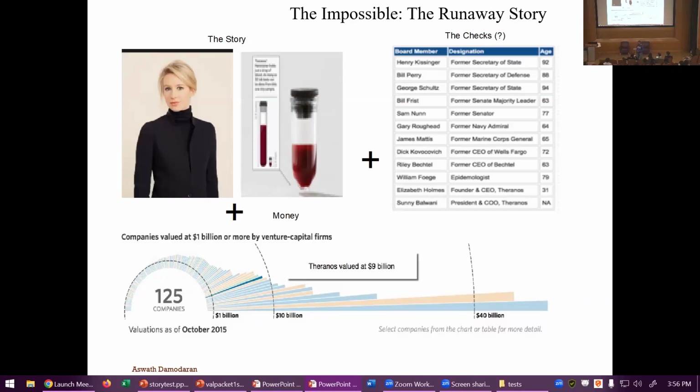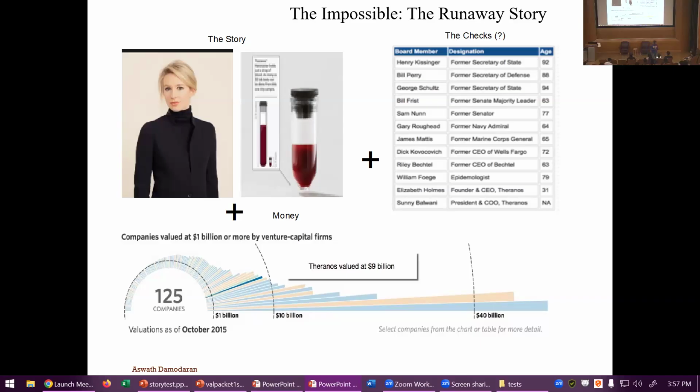And then you look at names on the board. What the heck is Henry Kissinger doing on the board of directors for a blood testing company? Guy's 92 years old. Maybe he's talking about the Iron Curtain and getting blood out of the Iron Curtain. This is clearly a board that is connected.